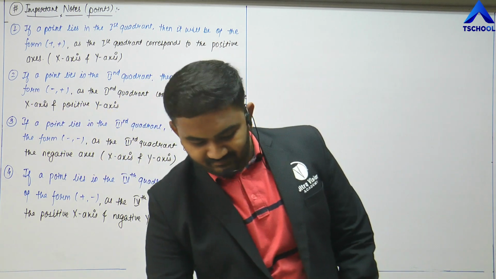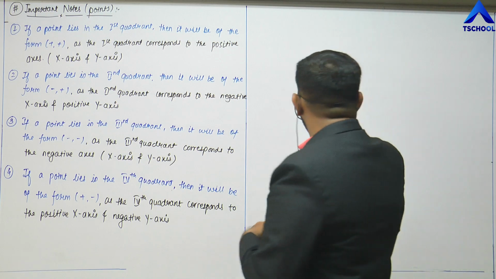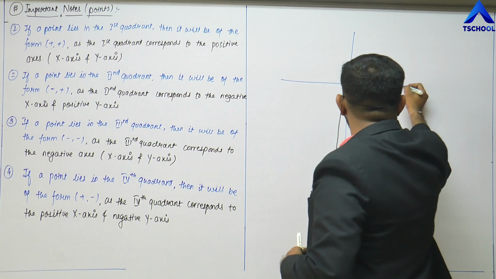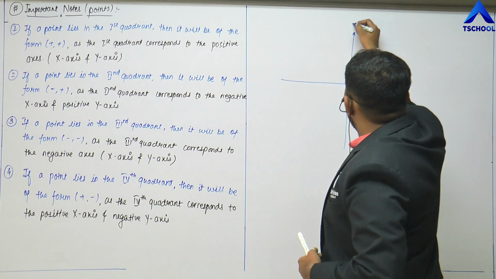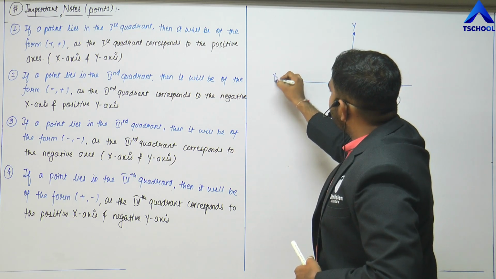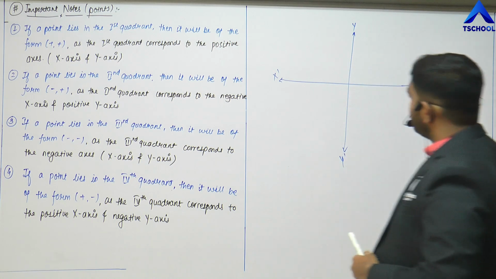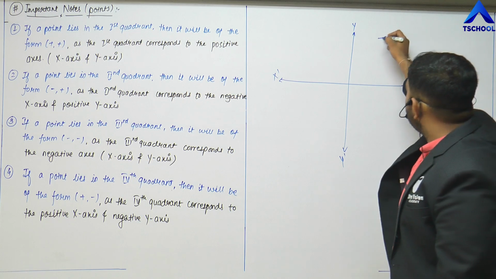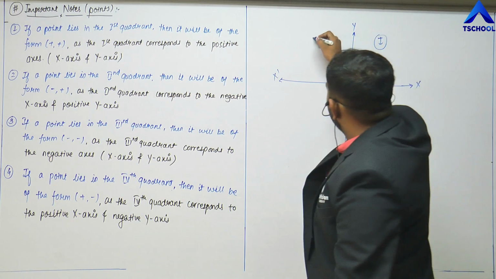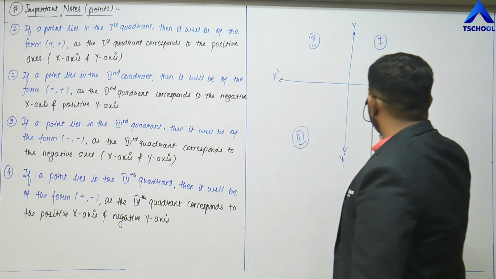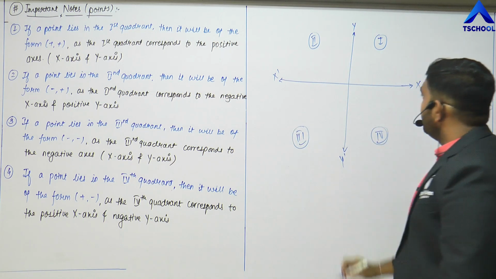At the same time, friends, you need to recall a graph. If we have a Cartesian plane like this, that is y, that is x dash, that is y dash, and that is x, right? So this is my first quadrant, this is my second quadrant, this is my third quadrant, and this is my fourth quadrant.